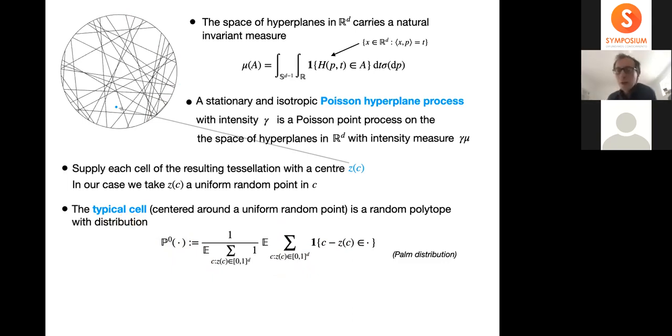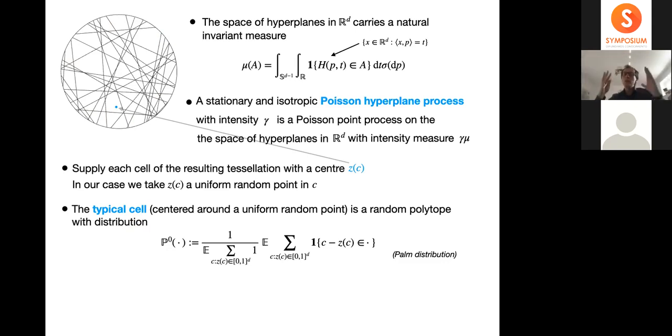Intuitively, you can understand this as follows. You take a super large window, and then you see, with probability 1, only finitely many of these random polytopes, and you choose one uniformly at random from them, regardless of size and shape, and shift it to the origin.